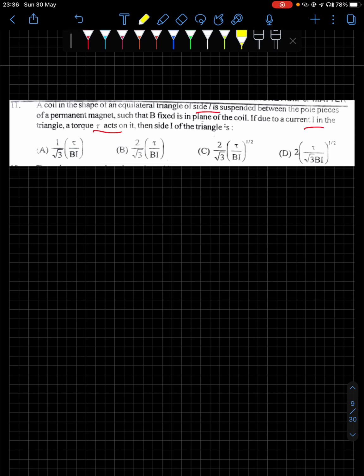Okay, so say we consider a diagram for this. Say it is like I current is passing through, L is the length of the triangle. In that case, area of an equilateral triangle is square root of 3 by 4 L square, that you know, right?